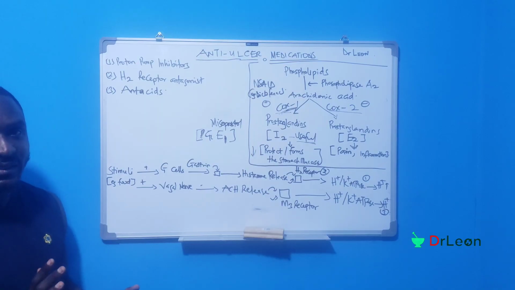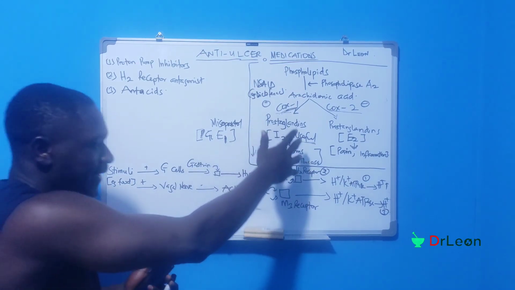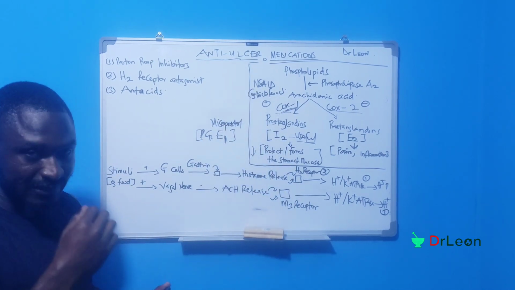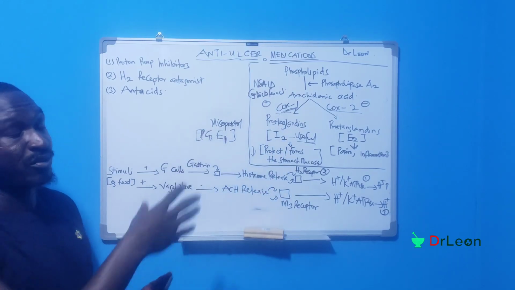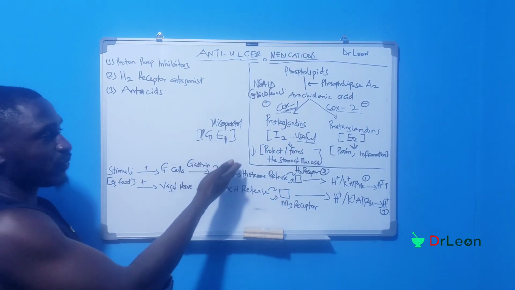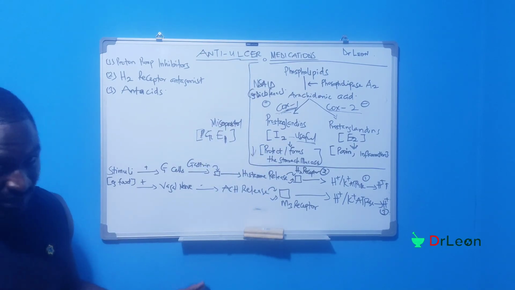Do you get it? So when you take in misoprostol, it will protect your mucosa, so that anytime that you take NSAID, this pathway wouldn't be a problem, because you're already taking in the useful prostaglandins that the NSAID is preventing its production. Do you get it?